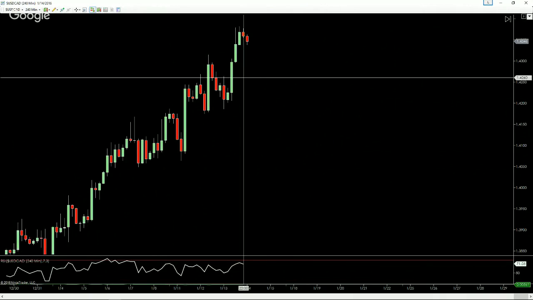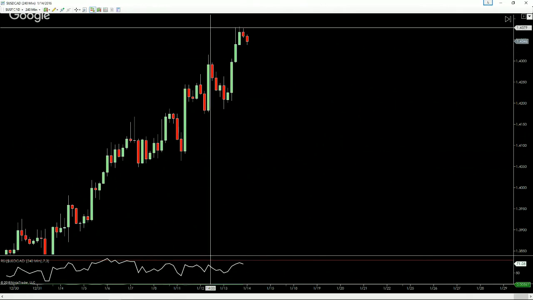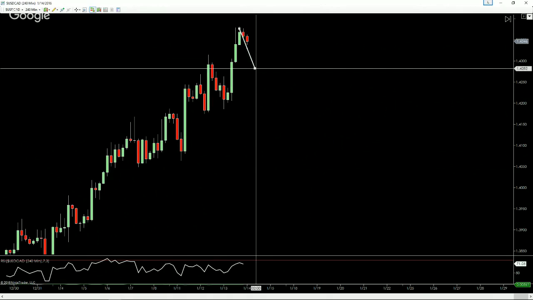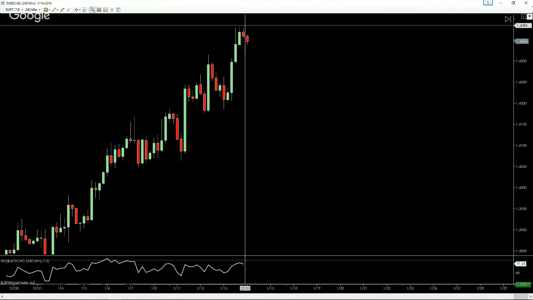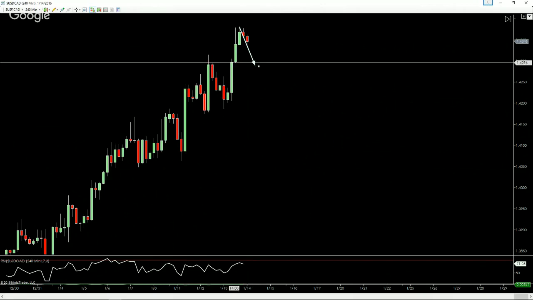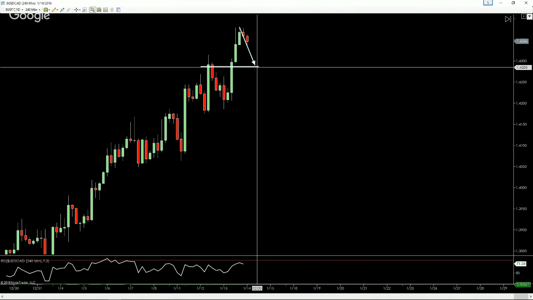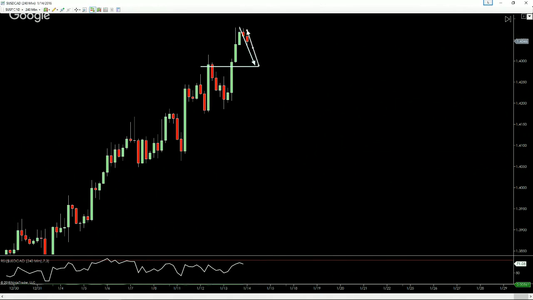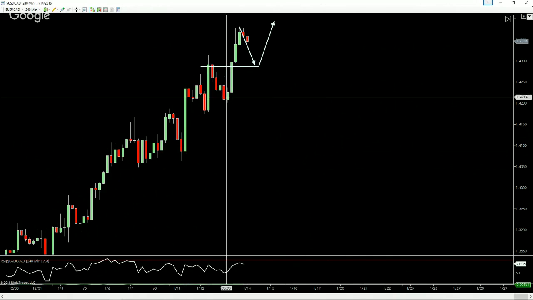What you want to do is try to catch some sort of retracement, for this price to go back down to this structure level, and look to buy around here with anticipation of price to move back to retest the structure level or higher for an extension.